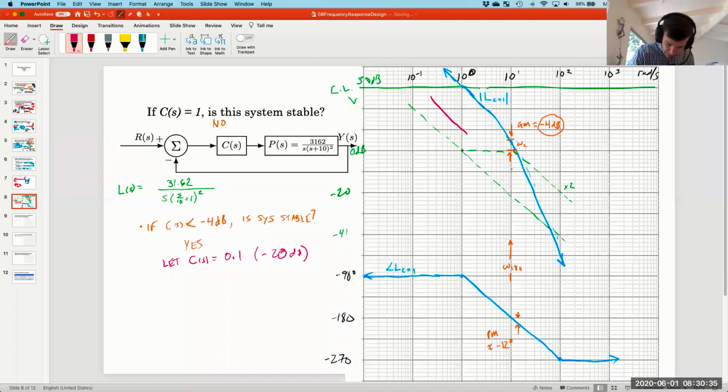So there's 10 and 20, and there's 10 and 20. So now I'm connecting the dots here. So this is now magnitude of L when C equals 1/10.